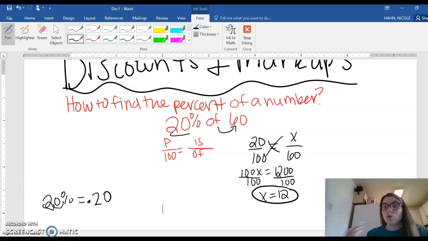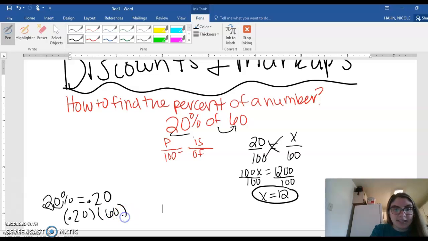I want to know what 20% of 60 is, so I'm going to take 0.20 times 60. You can literally take your calculator. I know a lot of you don't have calculators at home, but if you take a phone, or a lot of you have iPads, I think those have calculators on them, and you do 0.20 times 60, and that's going to give you 12.